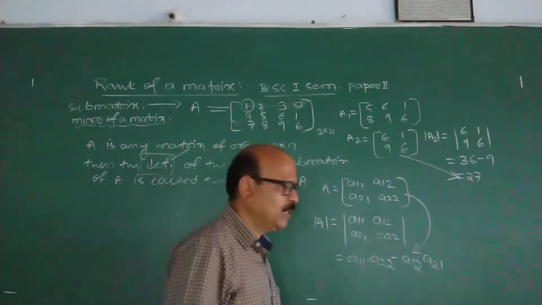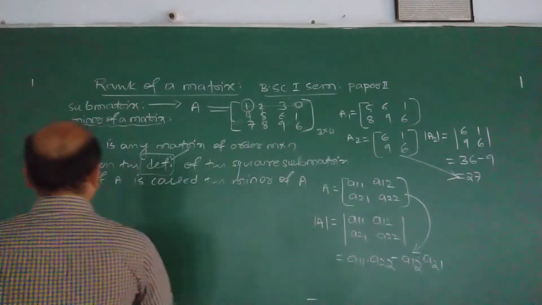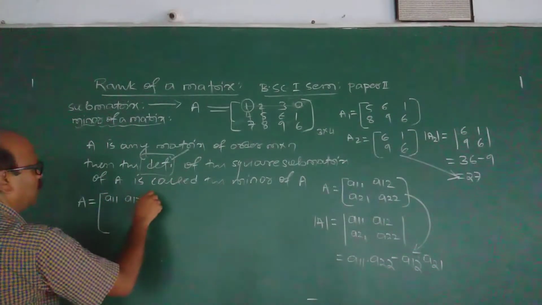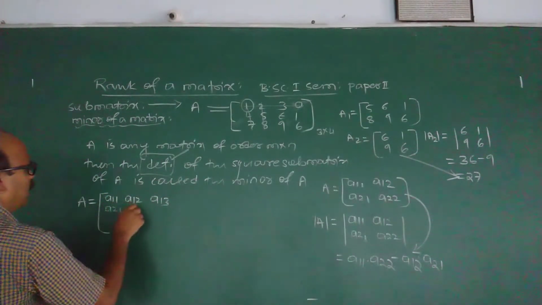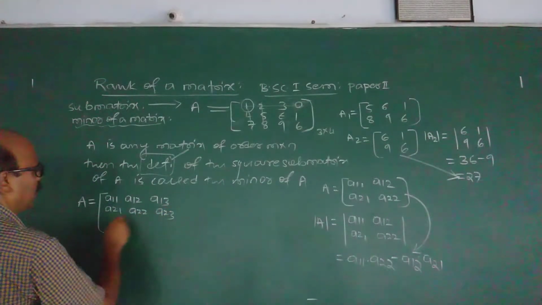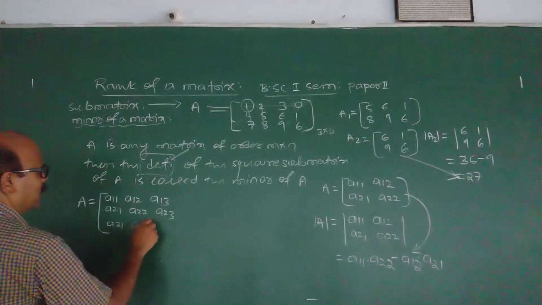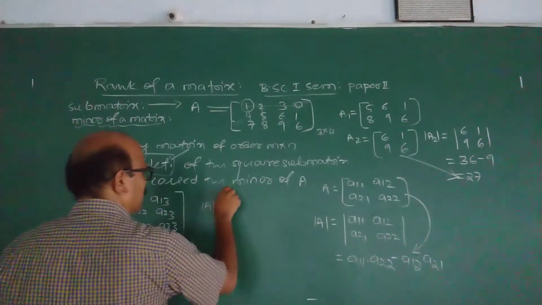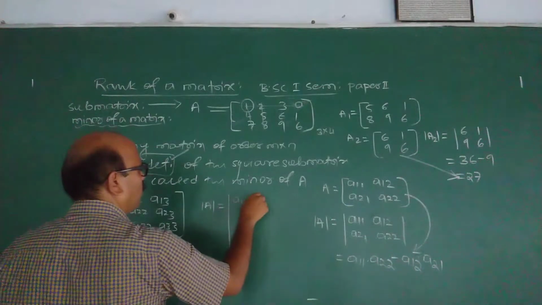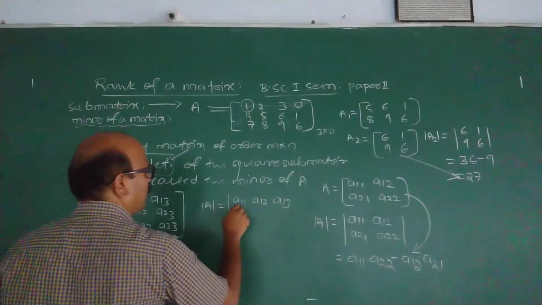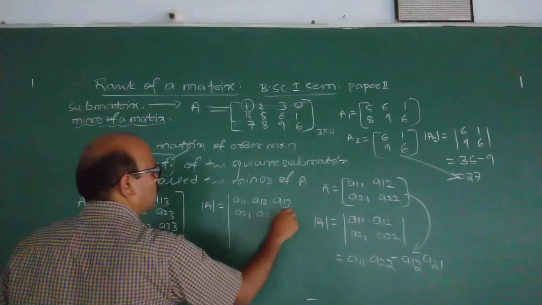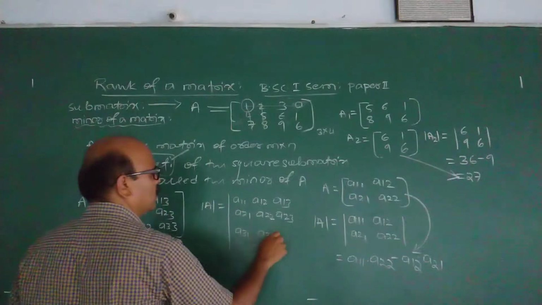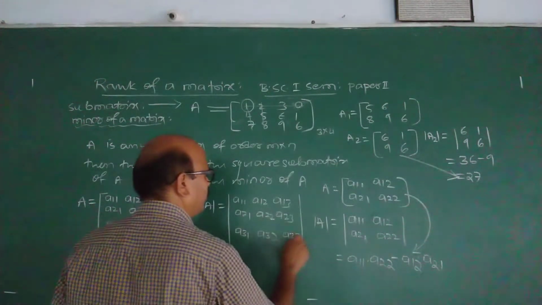Now, what is the determinant of order 3? Suppose A is A11, A12, A13, A21, A22, A23, A31, A32, A33. Then determinant A is determinant A11, A12, A13, A21, A22, A23, A31, A32, A33. See the notation here.